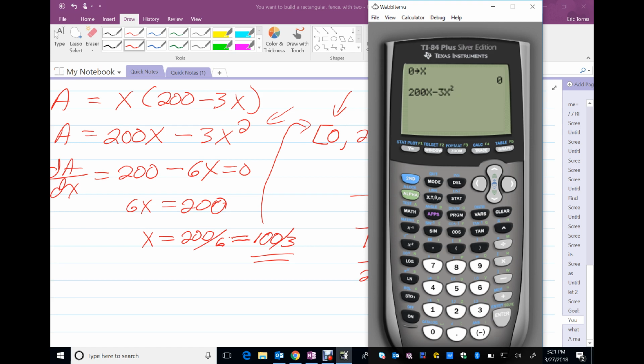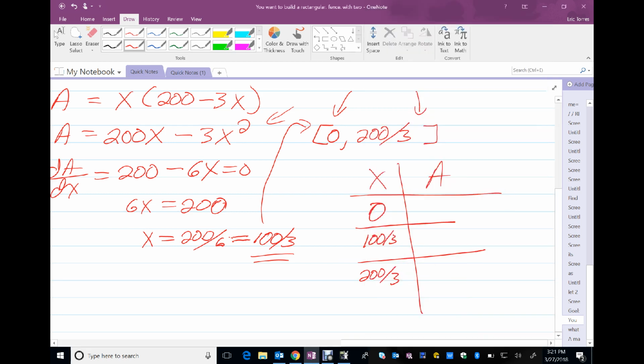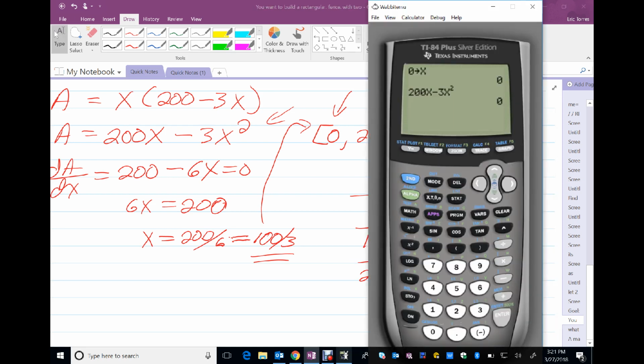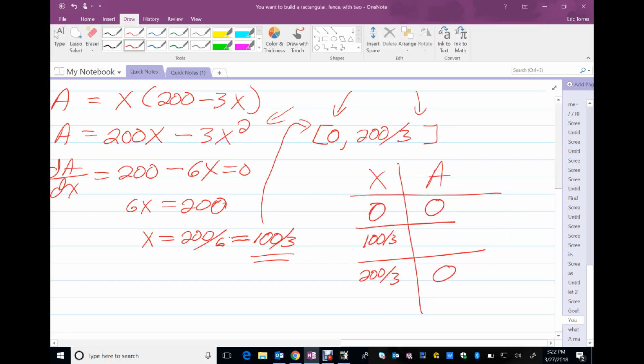So when I plug in 0, clearly you should see that we're going to get 0. So when I don't use any of it for x, then my area is 0. I'm going to plug in my other endpoint, which was 200 over 3, store as x, enter. And when I plug in 200 over 3 for x, again, I get an area that is 0.